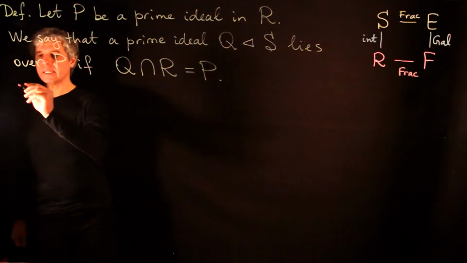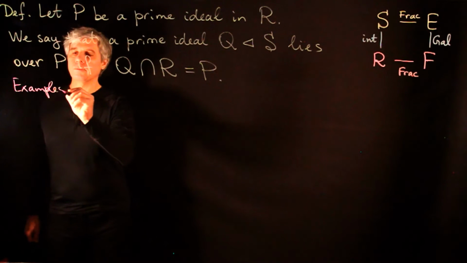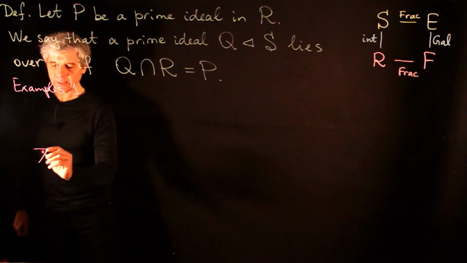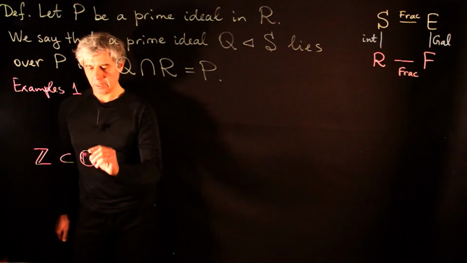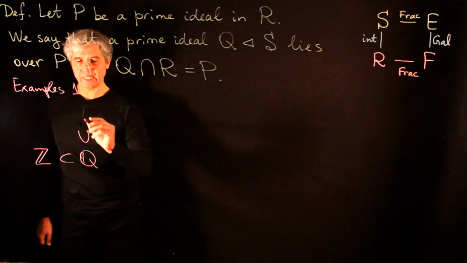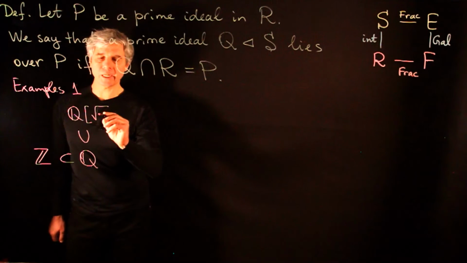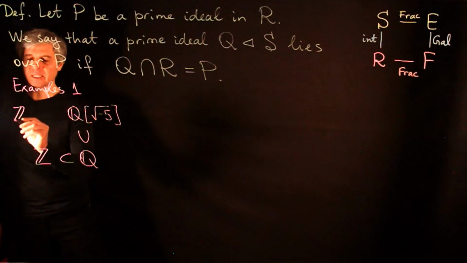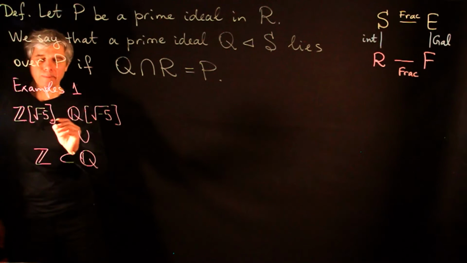Let's consider examples. In the first example, as our ring R, we take Z, which sits in the field of fractions Q, and then we take the Galois extension Q adjoining square root of -5, and here we take the ring Z adjoin square root of -5.